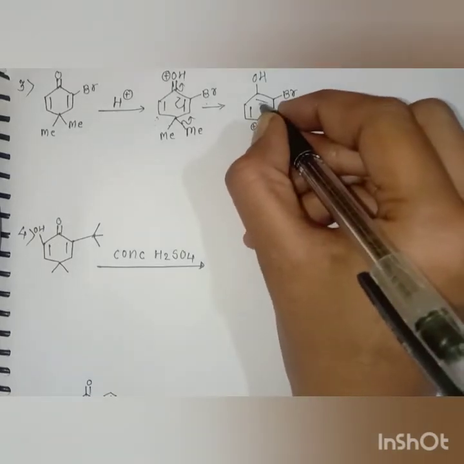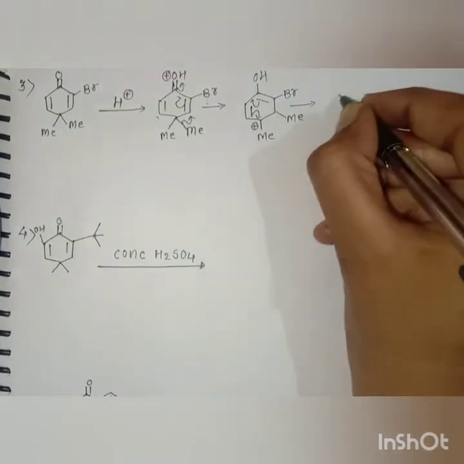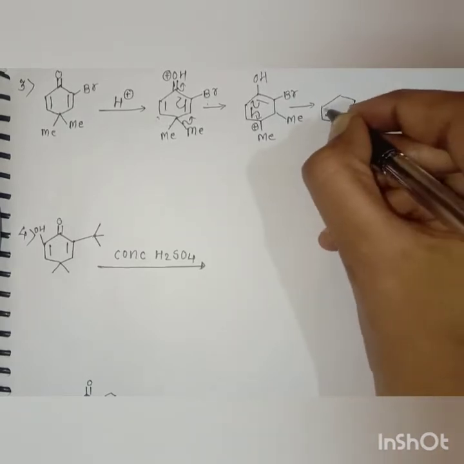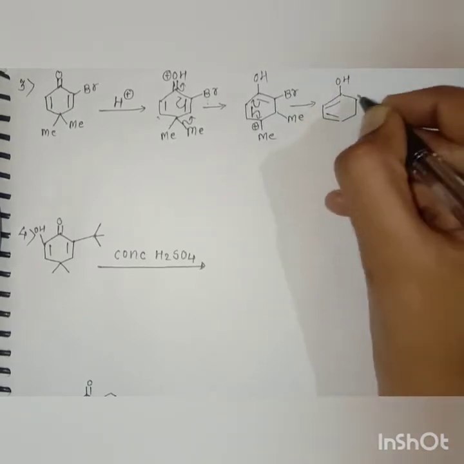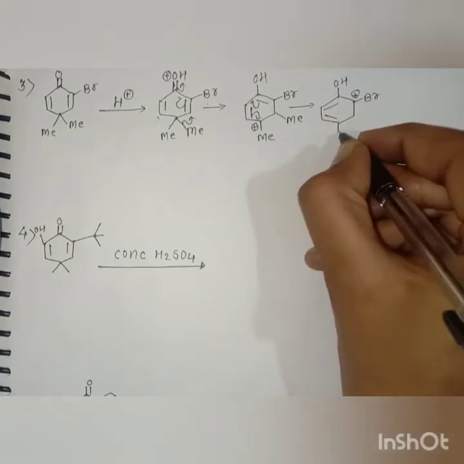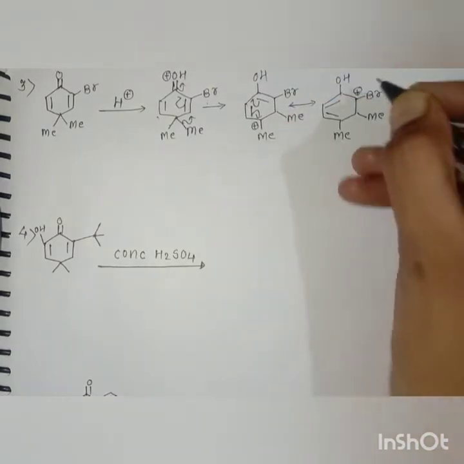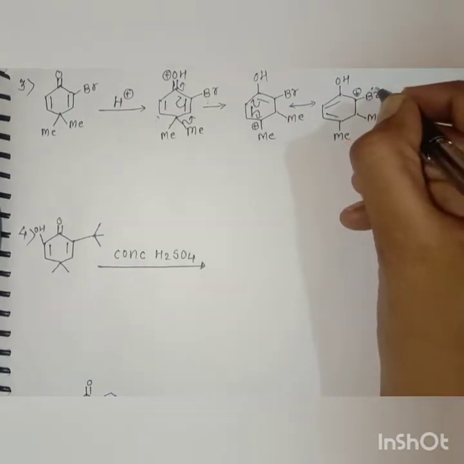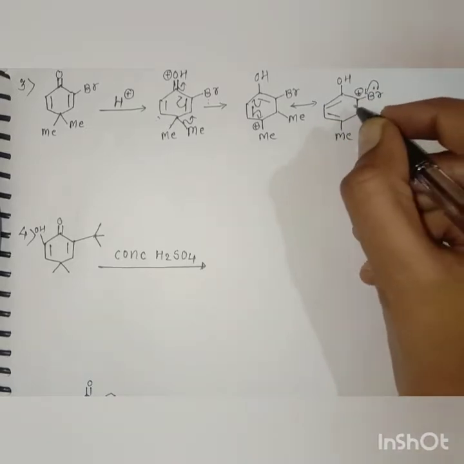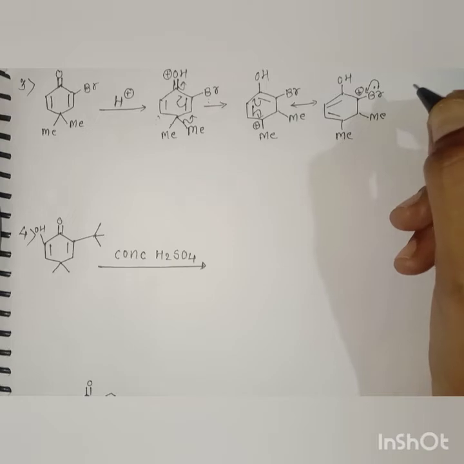And if I delocalize here, after delocalization, it is found that this bromine stabilizes the positive charge through this mesomeric effect.